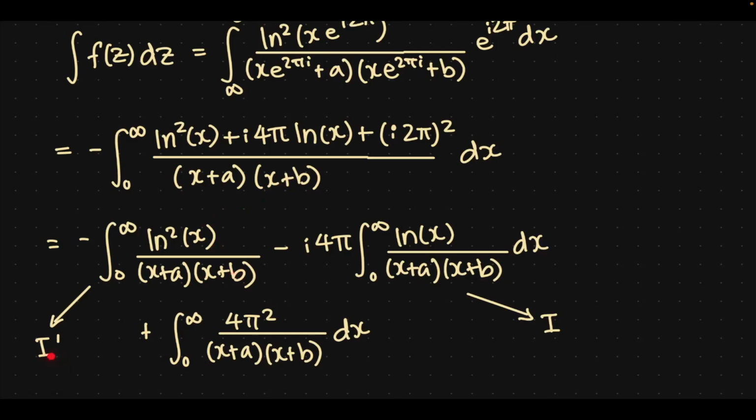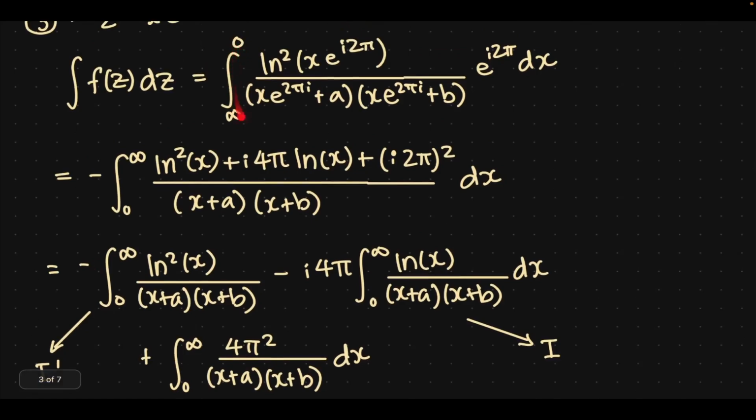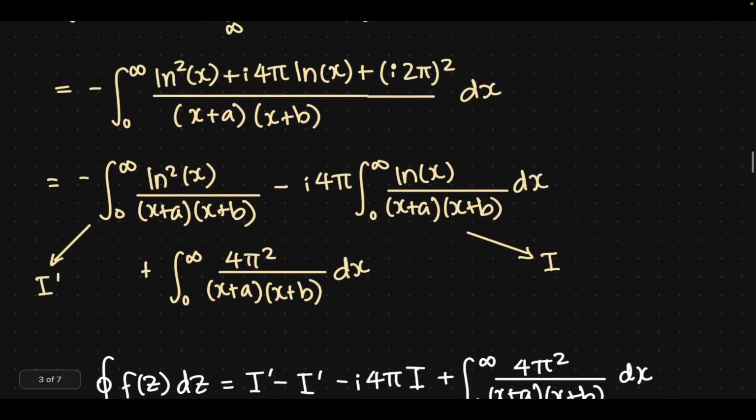Let's call that I prime, because that indeed is I prime with a minus sign. The minus sign is because we need to flip the 0 to infinity bounds. Minus I 4 pi times the integral from 0 to infinity of ln x over (x plus a)(x plus b) dx. That's I, exactly the integral we want, along with this extra factor of I 4 pi. And we also get this additional integral from 0 to infinity of 4 pi squared over (x plus a)(x plus b) dx.